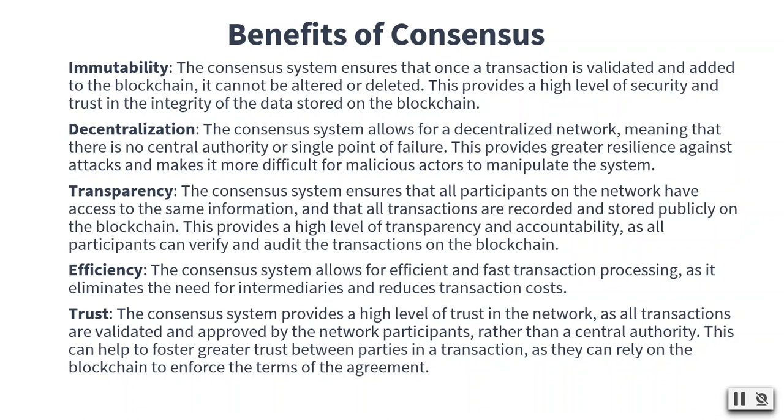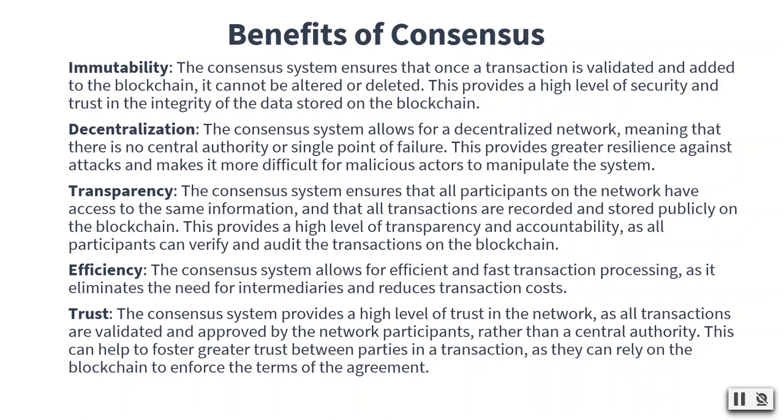Now, this method of consensus has many benefits. First, it makes the transactions immutable. Immutability is a property which, through the consensus system, ensures that once a transaction is validated and added to the blockchain, it cannot be altered or deleted.